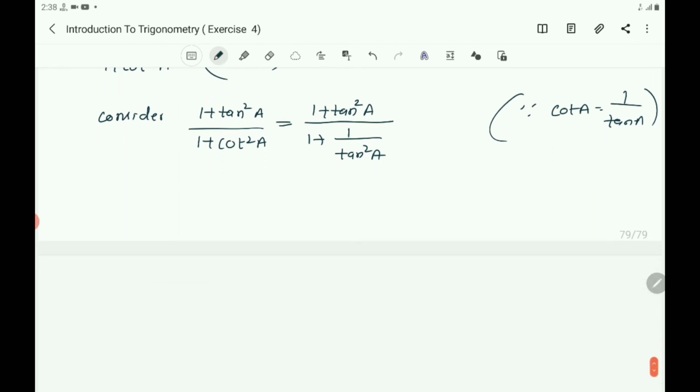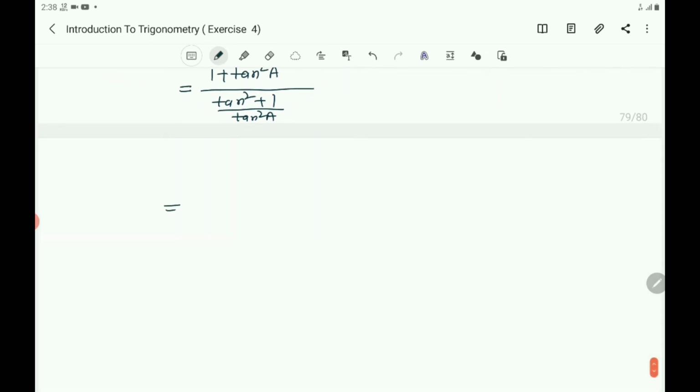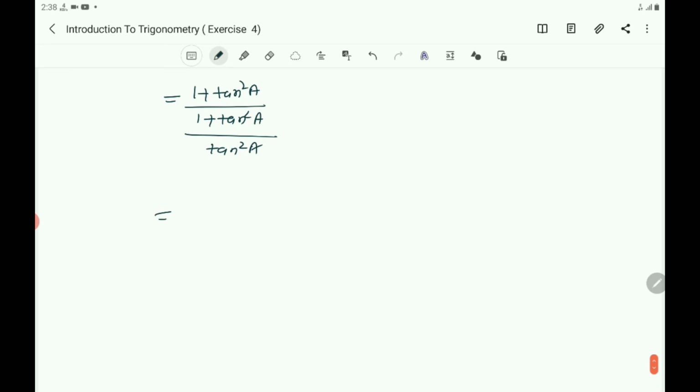Then that equals, write 1 plus tan square A as it is. In the denominator you take the LCM. What is the LCM here? LCM is tan square A, and the numerator becomes tan square A plus 1, that equals 1 plus tan square A by, this also you can write 1 plus tan square A by tan square A. Then here you write 1 plus tan square A into the reciprocal of this one.